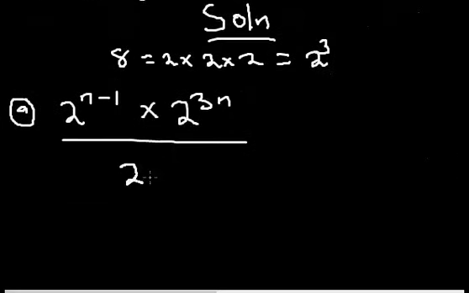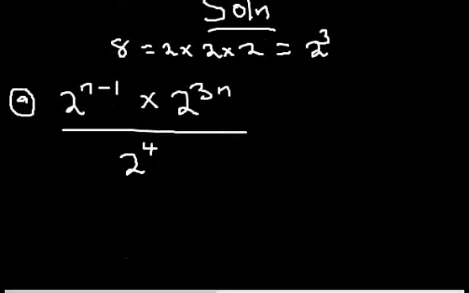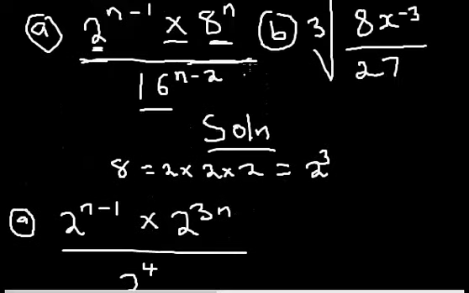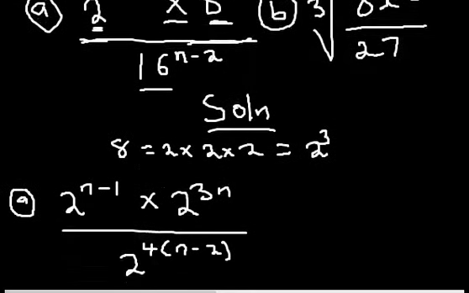That's going to be 2 raised to power 4. Then there is already a power. Power will always multiply power. So 2 raised to power 4, then multiply by the power that was already there, minus 2. Okay, so I'm done with that.